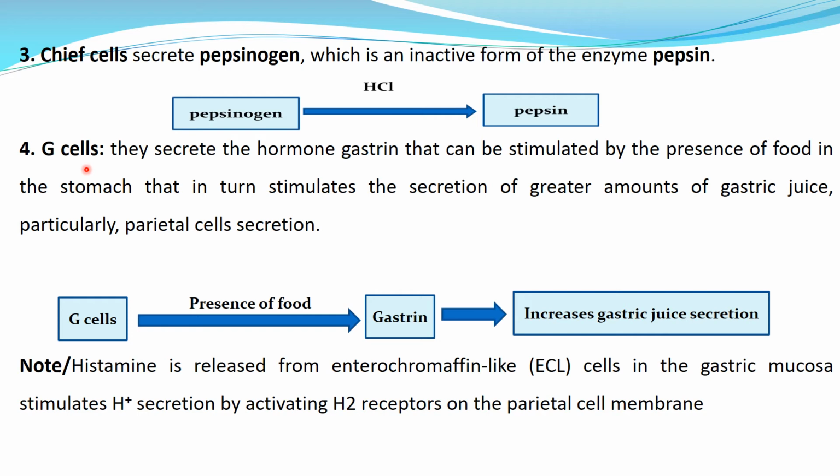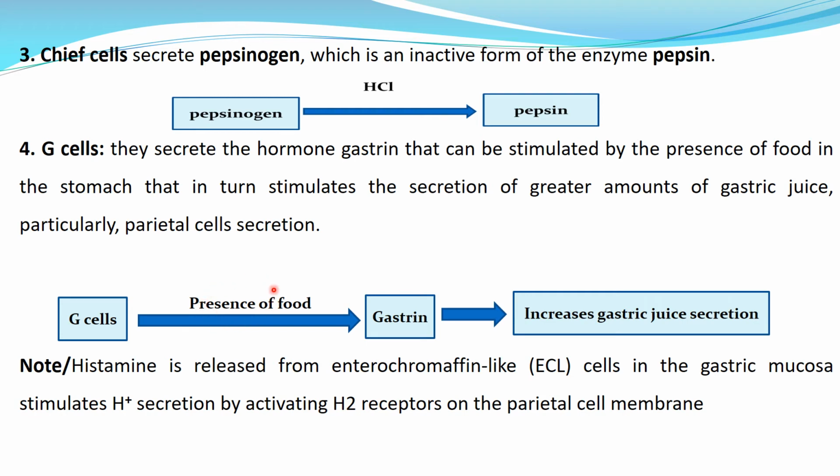As we know, the parietal cells are a type of gastric cell responsible for the secretion of three main types of chemical agents or molecules. Let's illustrate here.